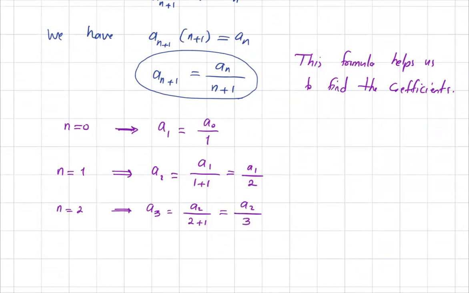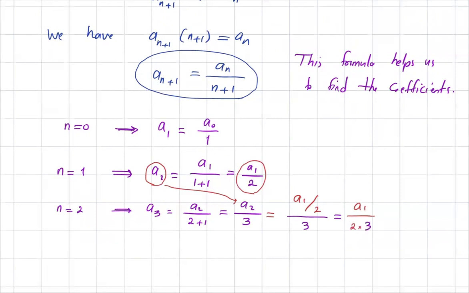But I have a relation for a sub 2. I know a sub 2 is a1 divided by 2. So I'm going to substitute this here. A sub 3 is a sub 2 over 3, which is a1 divided by 2 over 3, which can be written as a1 divided by 6, a1 divided by 2 times 3.